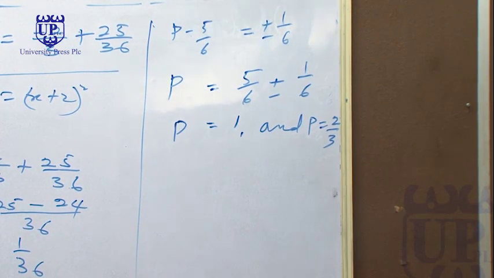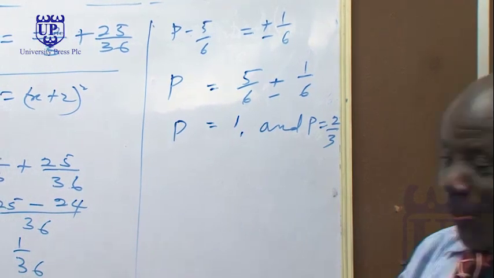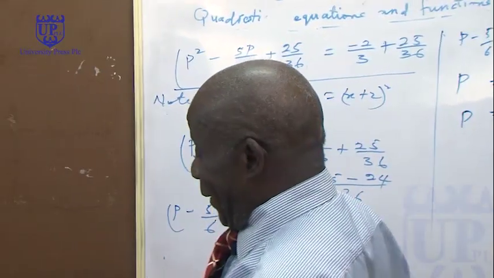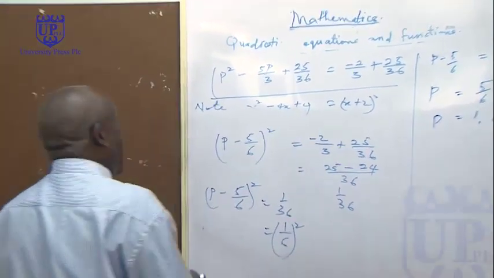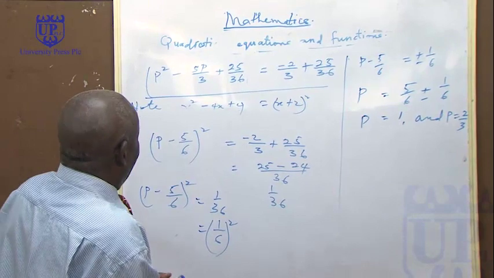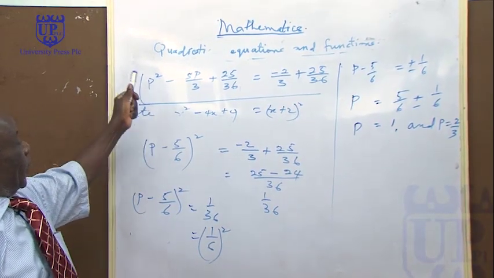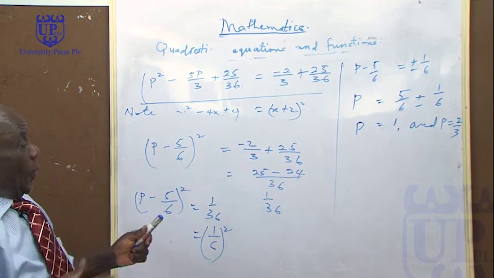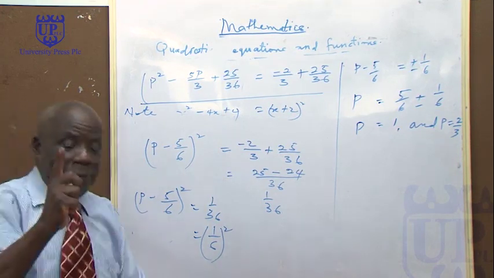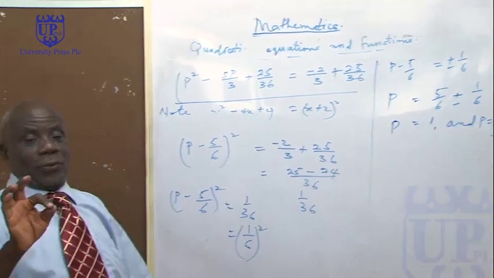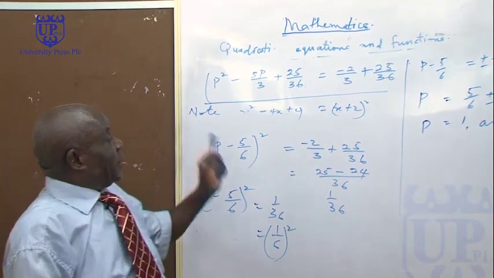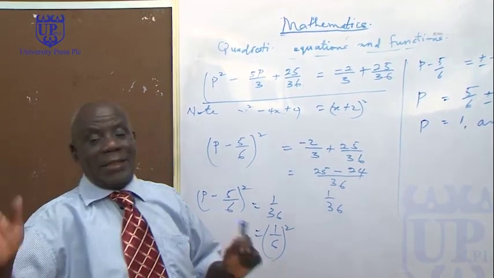Now let's go to how marks are awarded. If that question attracts 6 marks. I said step 1. For the first step, say transfer the constant term to the other side.